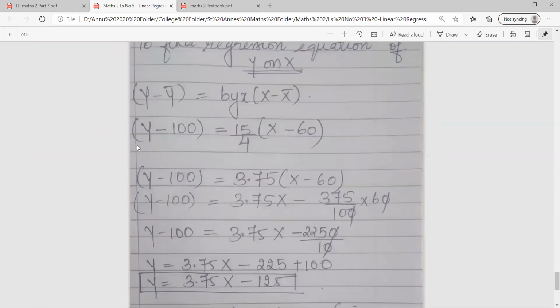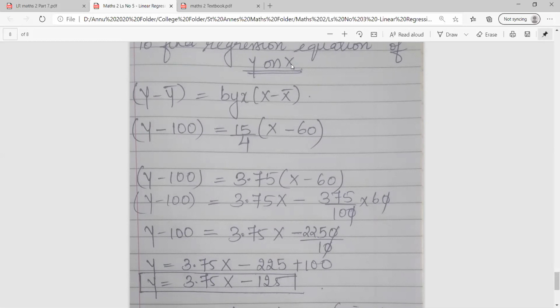So the regression equation of y on x is nothing but y minus y bar is equal to byx, x minus x bar. So y minus 100 is equal to byx as we saw. Where did 15/4 come from? Can anybody tell me where 15/4 came from? It was not given in the question.